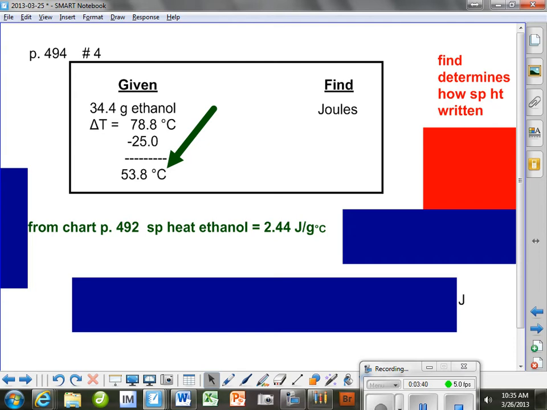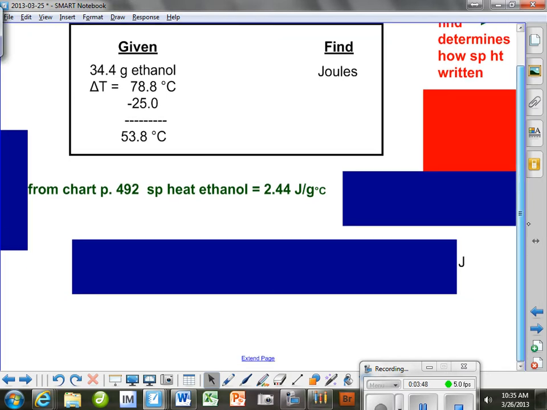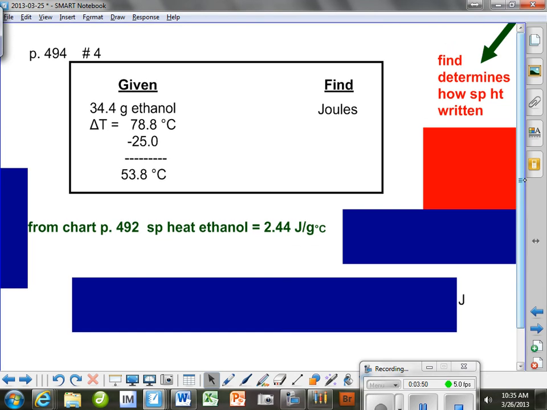Now, let's put your attention right back up here. To determine how specific heat is written, we need to know what the find is. And so the find was joules, and because it's joules, that means joules will be on top in writing this number right here as our first fraction.